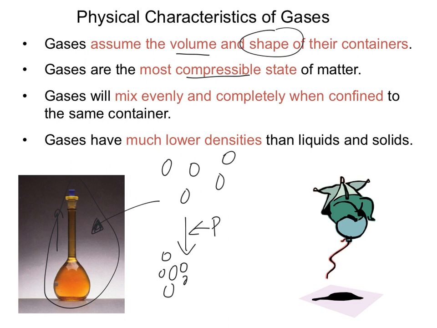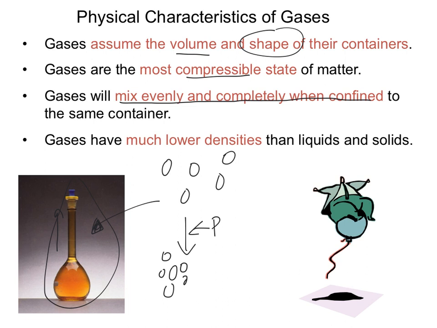Also, gases will mix evenly and completely when confined to the same container, and we should be all very thankful for this characteristic because it allows us to have consistent mixtures of important gases in our environment.